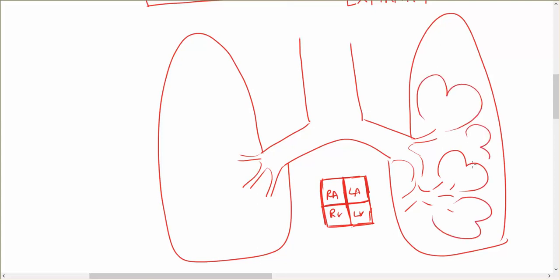For easy explanation, I'm drawing the alveoli a little bit big. There are multiple alveoli inside, and these alveoli are surrounded by capillaries. These capillaries come from the right ventricle, because the right ventricle sends blood to the pulmonary artery.